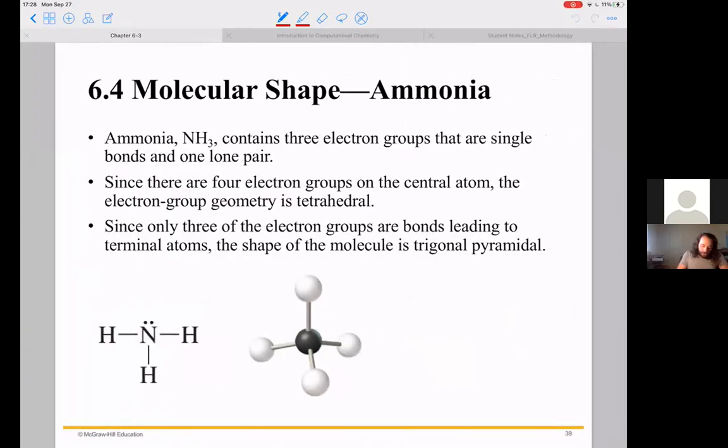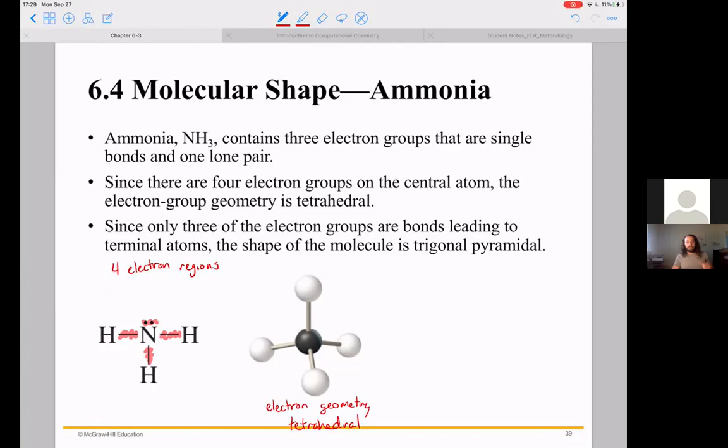Okay. So here we have ammonia. We see that ammonia has 1, 2, 3, 4 electron regions. And that means that its electron geometry is tetrahedral.